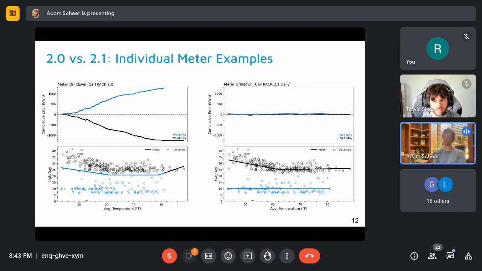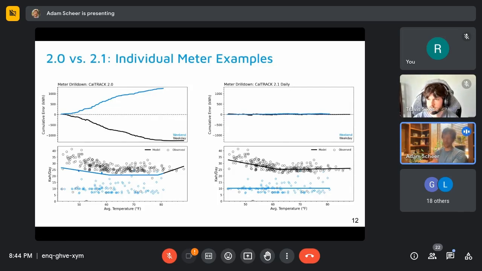We actually see this behavior in more meters than I was surprised at. If this meter is showing this pattern, it means that a whole bunch of other meters in that same region are experiencing the same temperature patterns. You're bound to get a lot of this kind of thing happening.